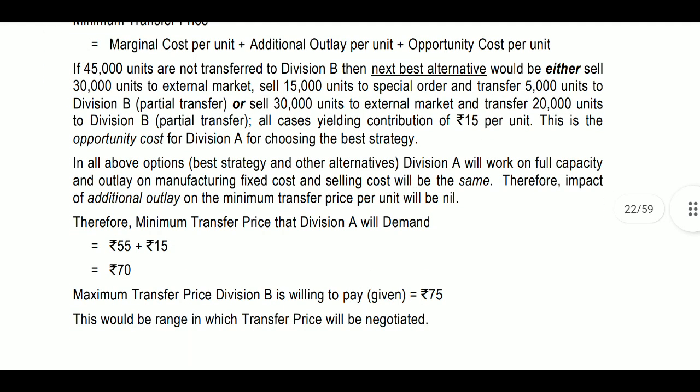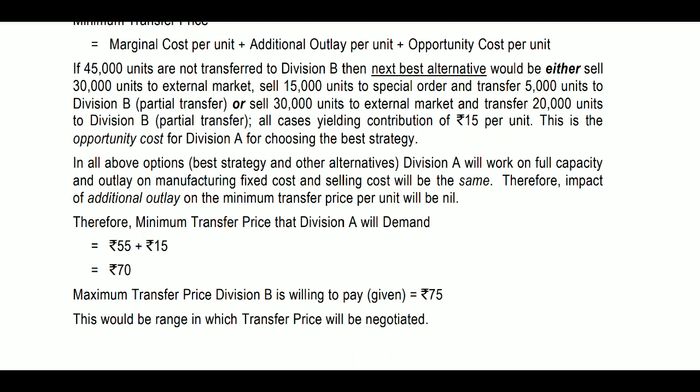Next, in all the above options, division A will work at full capacity and outlay of manufacturing fixed capacity. So it is working at full capacity. Then variable cost plus opportunity cost will be the minimum transfer price per unit, and the additional cost will be nil. Minimum transfer price will be 55 plus 15.